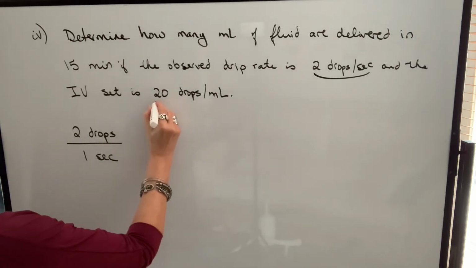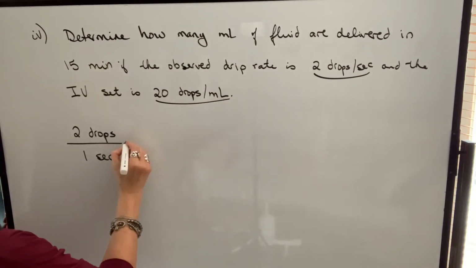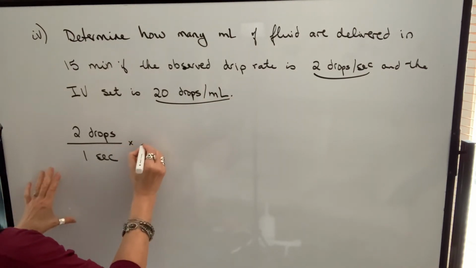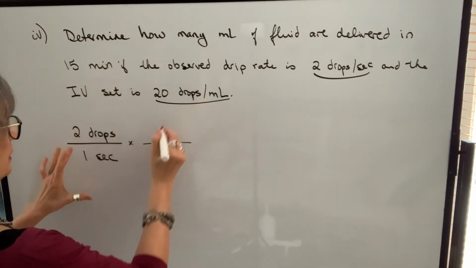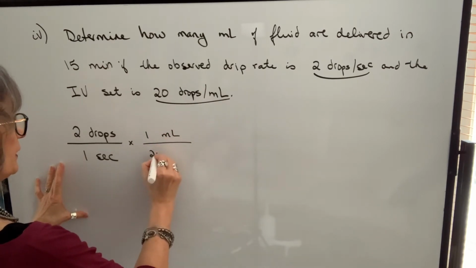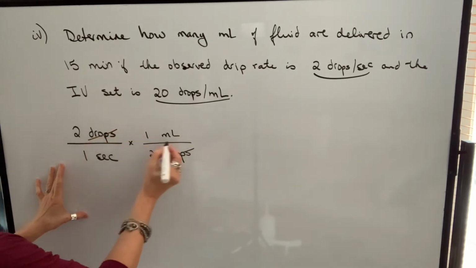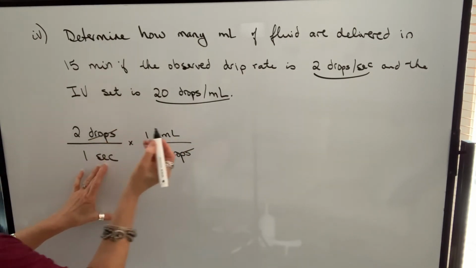Now I know that my IV set is 20 drops per milliliter. So I can change drops to milliliters by taking 1 milliliter equivalent to 20 drops. So drops will cancel, and that gives me milliliters per second.